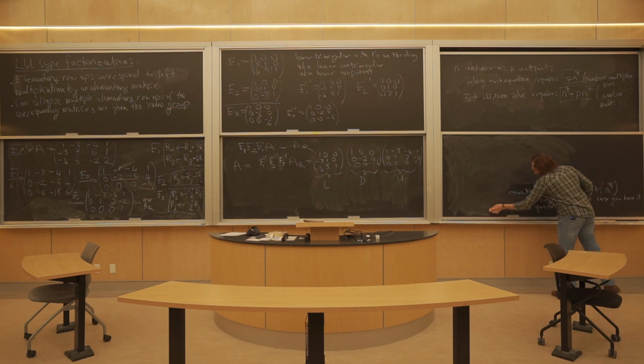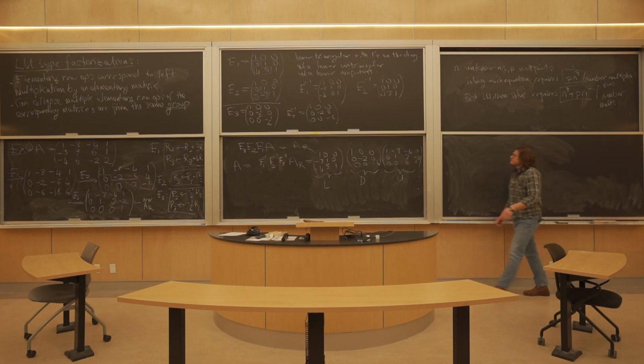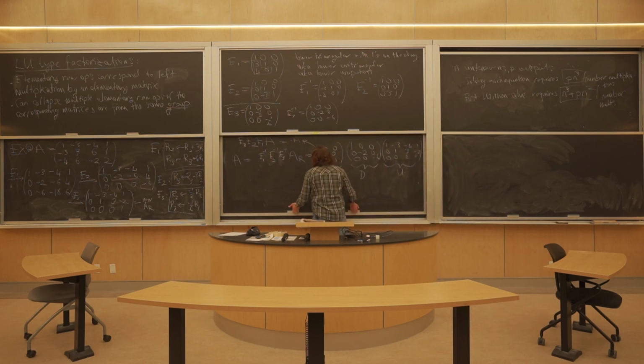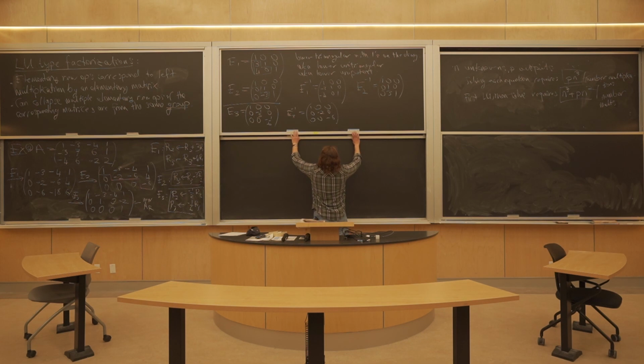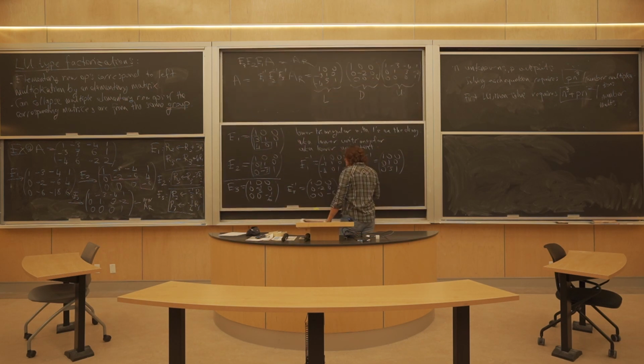So let me be more explicit about these examples of groups that I'm also mentioning at the same time. One example we have is lower unipotent matrices, E1 and E2. The other example we have is diagonal matrices.